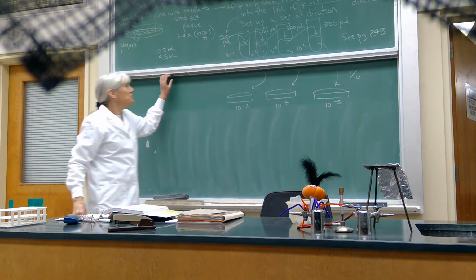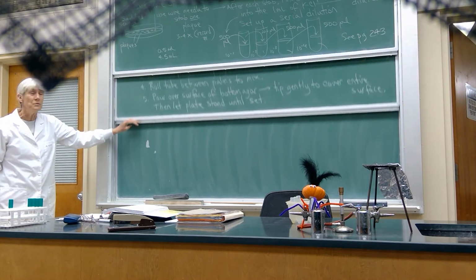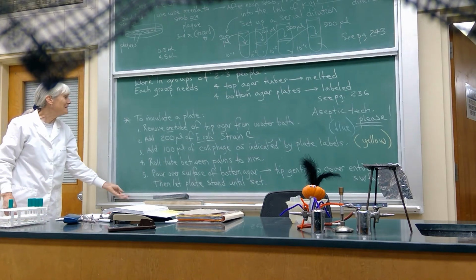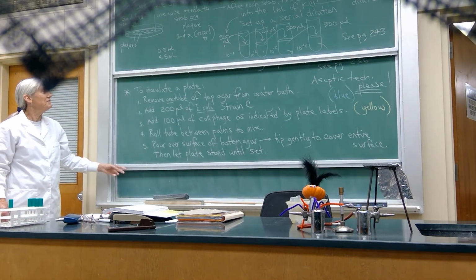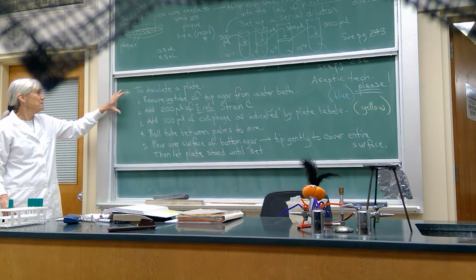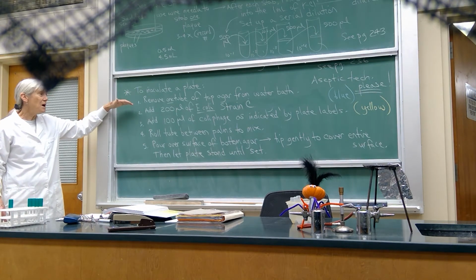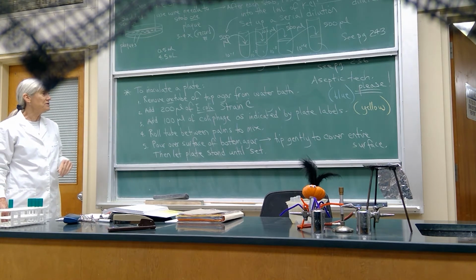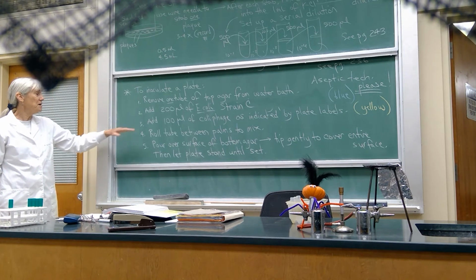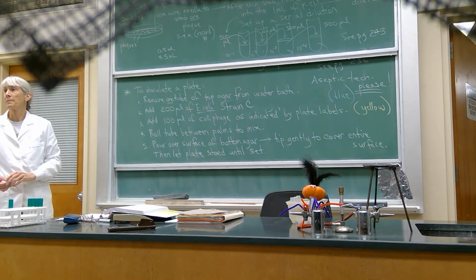And then just remember that you always have to inoculate your plates like this. Don't deviate from this. Remove 1 tube of top agar, 200 microliters of E. coli seed, 100 microliters of phage. Roll the mix, pour over the surface.